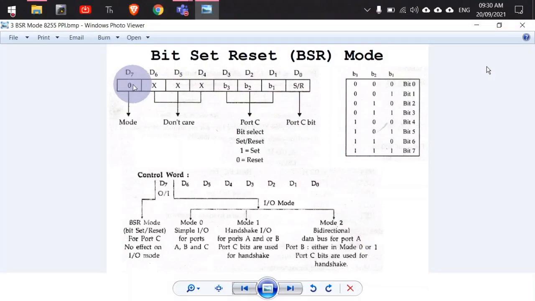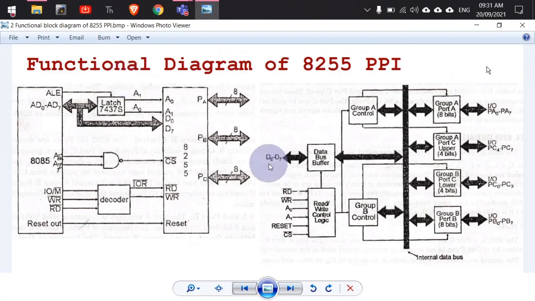You can see that the notation written here is D0, D1, D2 till D7. Usually the data bus of the microprocessor, whether it is 8085 or 8086, is connected directly to this control word register, right? You can see in this diagram also, this D0 to D7 is there. Through this data bus only, you will be able to change the contents of group A control and group B control.